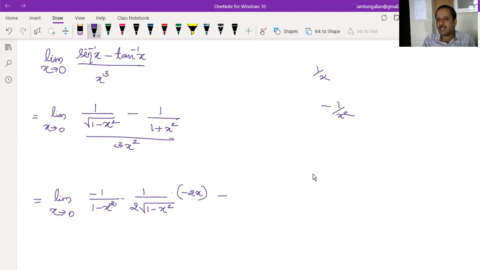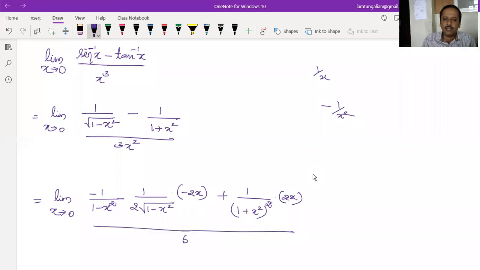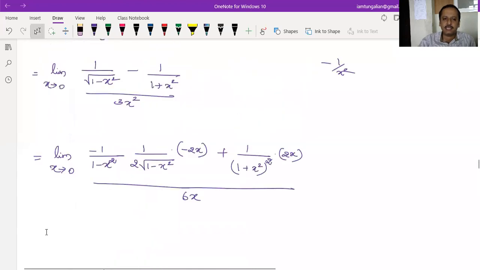Again, you can imagine that as 1 by x. Derivative of 1 by x is minus 1 by x square. So derivative of 1 by 1 plus x square would be minus of. So minus into minus, this will become plus here. 1 by 1 plus x square whole square into the derivative of 1 plus x square, which is 2x. Denominator, derivative of 3x square is equal to 6x.